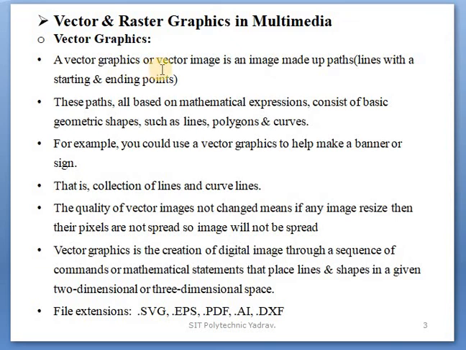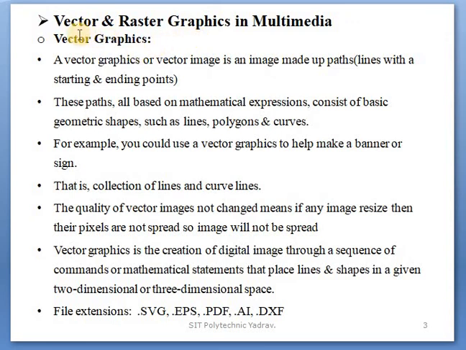A vector graphic or vector image is an image made up of paths, that is lines with a straight starting and ending point. In multimedia, which types of graphics are used? Vector and raster graphics are used. There are two types, vector graphics and raster graphics. One by one we see what is meant by vector graphics.